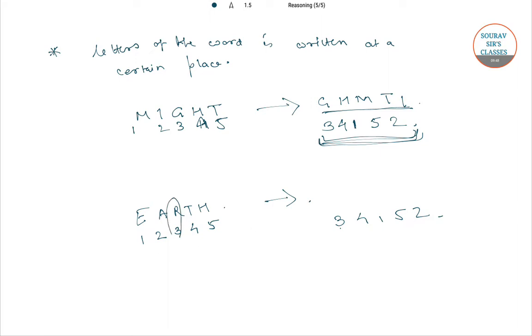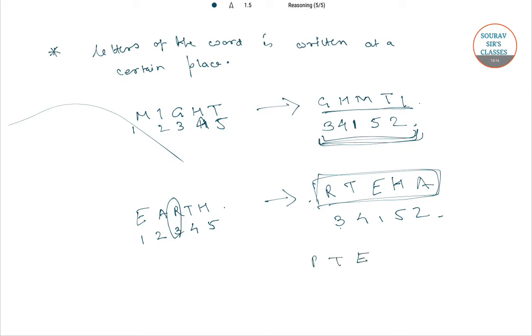So letter corresponding to 3 is R, 4 is T, 1 is E, 5 is H, and 2 is A. So earth is coded as RTEHA. This is how earth is coded.